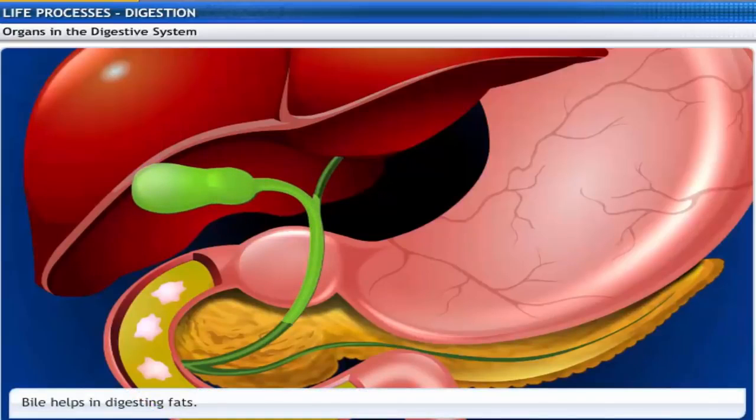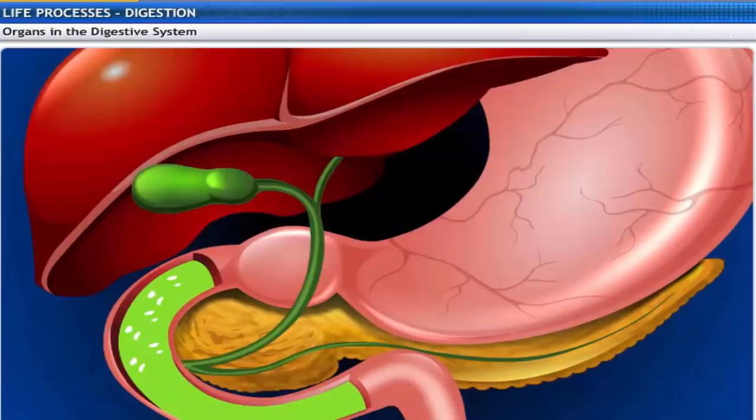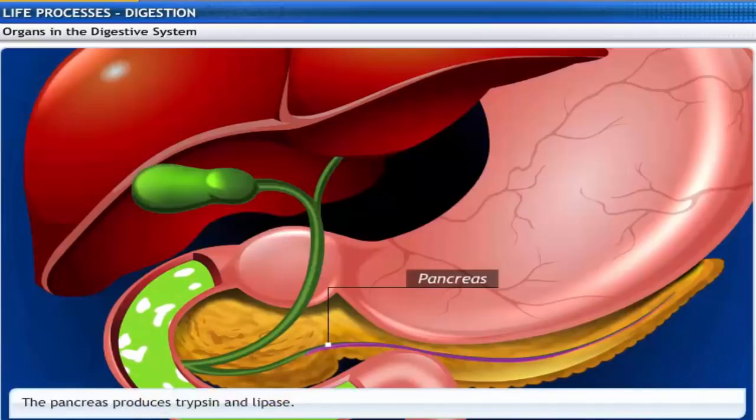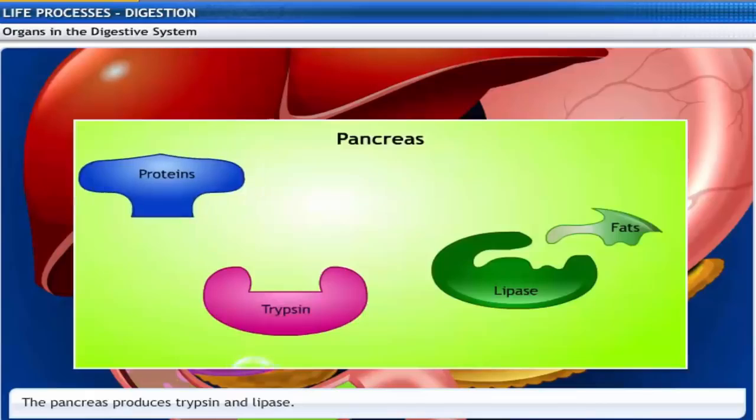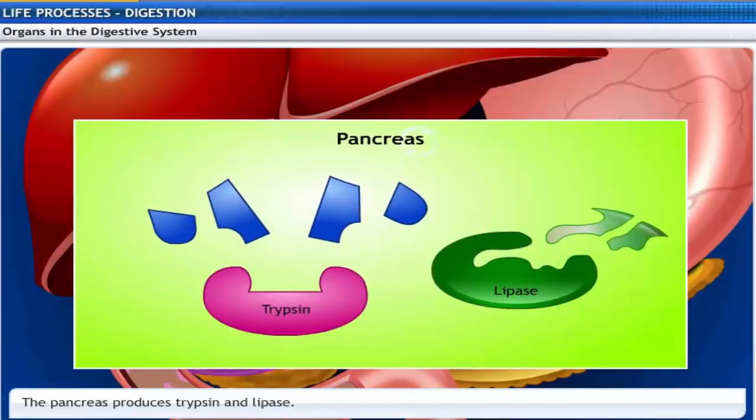Bile contains bile salts that break down the fat into smaller globules. Bile juice also makes the food alkaline for pancreatic and intestinal enzymes to act on it. The pancreas produces pancreatic juice that contains enzymes such as trypsin and lipase, which help to break down proteins and fats.